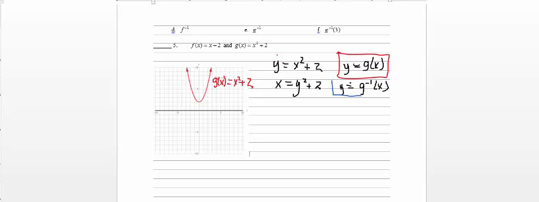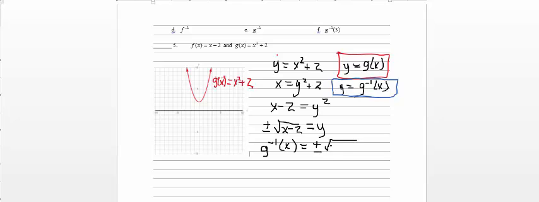And this y is g inverse of x. Solve for y. Let's subtract 2 from both sides to get x minus 2 is y squared. Apply the square root property, and you get plus or minus square root of x minus 2 is g inverse. So notice x has to be bigger than or equal to 2 for this to be defined.